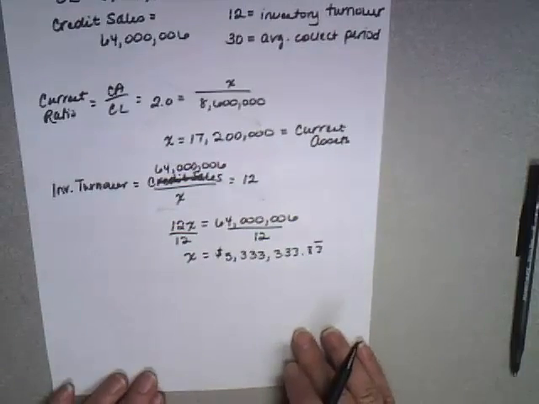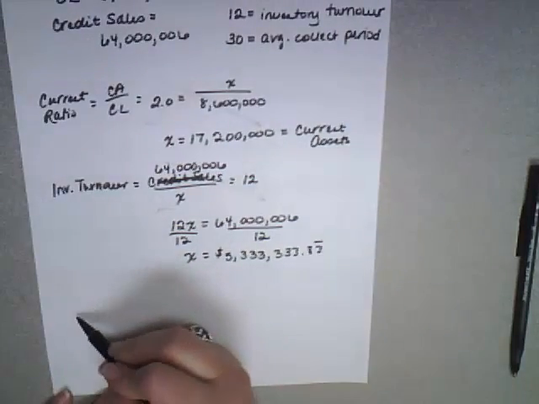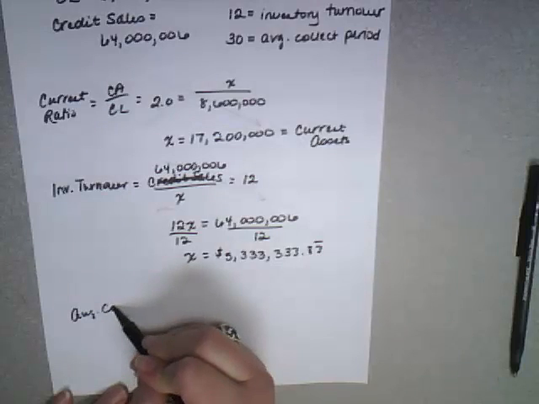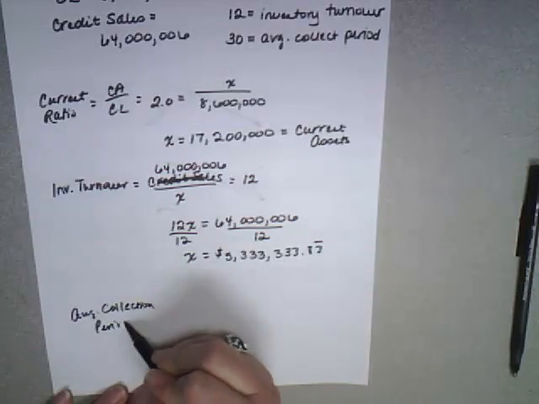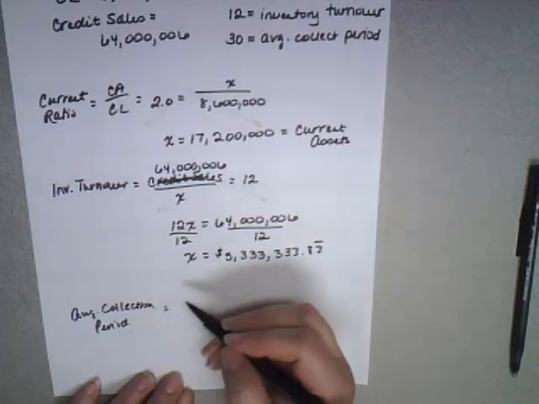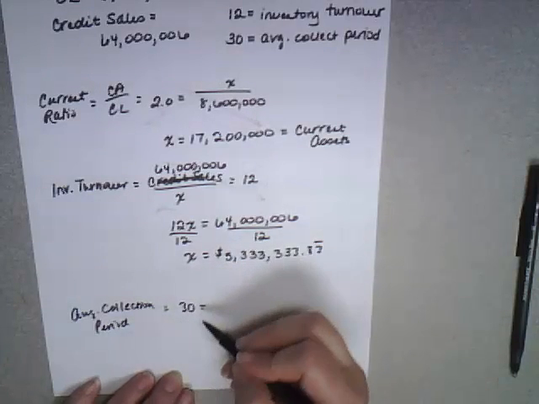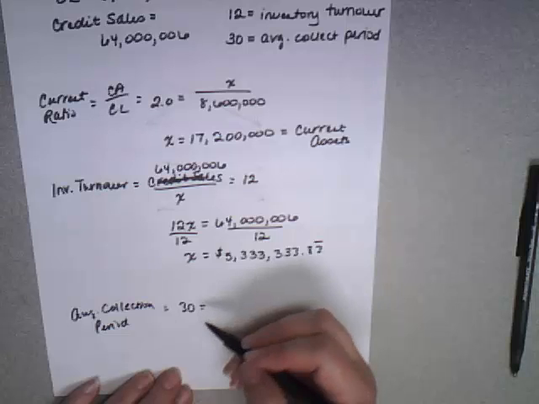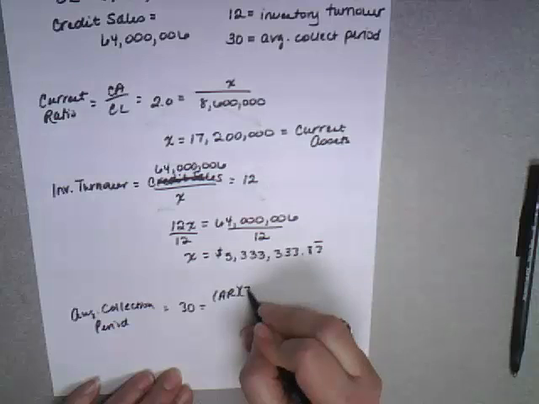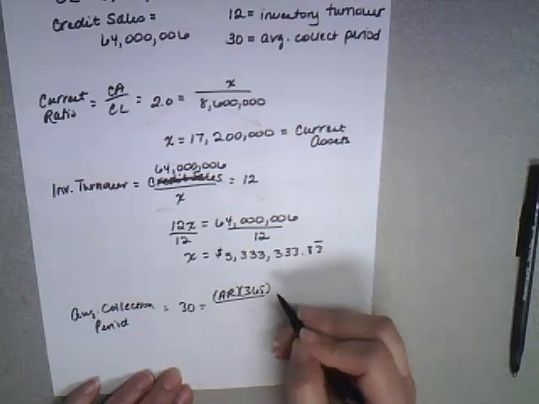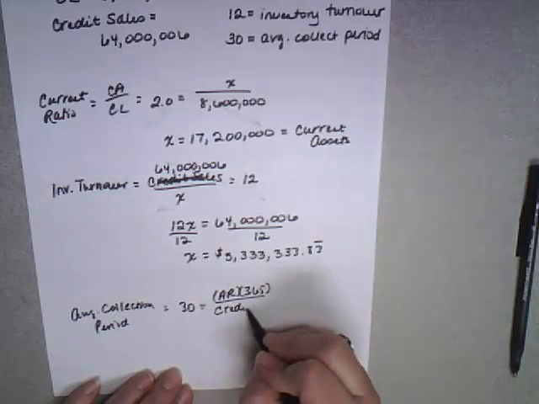Okay, and then the last one we're dealing with is this average collection period. Now the reason why I'm doing it this way is because we're going to need all these pieces of information when we're done. So the average collection period in this example is 30 days, and the average collection period is defined by accounts receivable times 365 divided by credit sales.